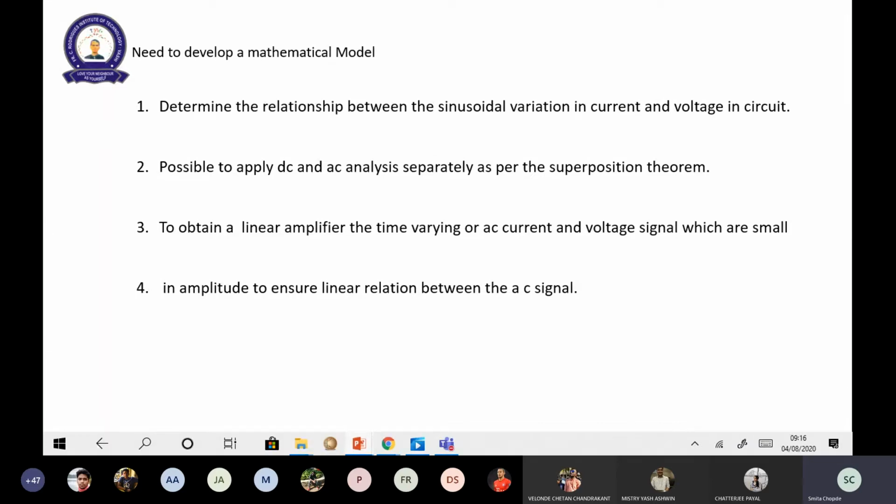Okay. So third point, to obtain a linear amplifier to amplify time varying or an AC current voltage signal which are small in amplitude. Okay, this is very important. So our requirement, can anybody tell me what will be the actual amplitude of our input signal from yesterday's collection of your knowledge?